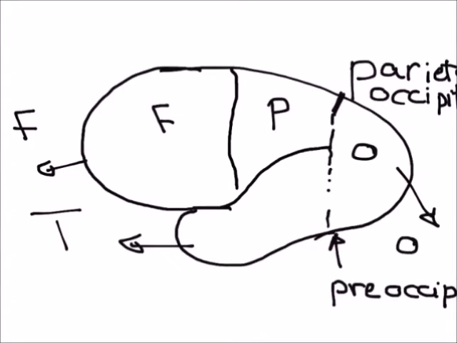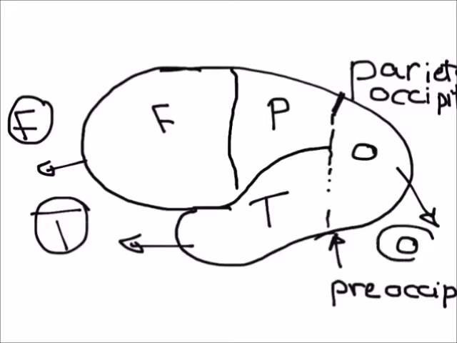This is the occipital lobe of the brain and this is the temporal lobe of the brain. We have the frontal pole, the temporal pole, and here is the occipital pole of the brain. So two poles are directing to the anterior, and one pole, the occipital pole, is directing to the back of the brain.